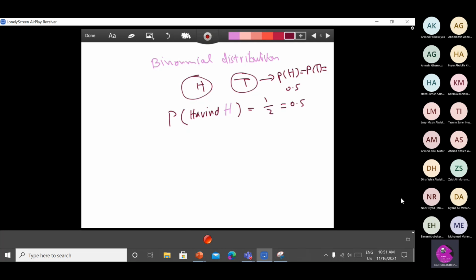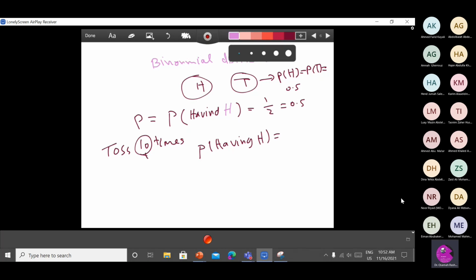But what about if I toss it 10 times or 100 times? Do you think you will have 50-50? Of course not. So if you toss it 10 times, the probability of having head will be exactly the probability of having head, I call it P, and I toss it 10 times, so it will be n times the probability of the event if I toss it once.